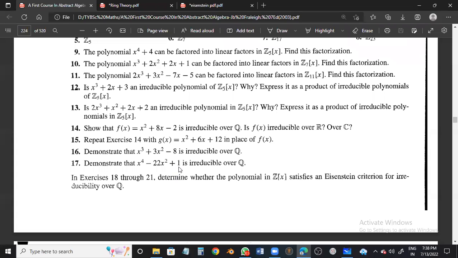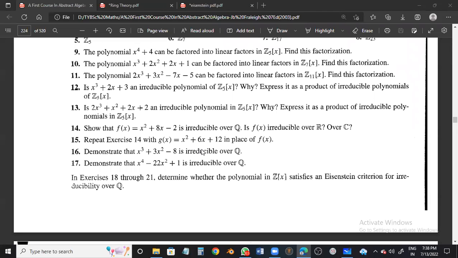We always concentrate on the divisors of the constant term. Followed? Yes, ma'am. So this is your job, to write these answers in your notebook.